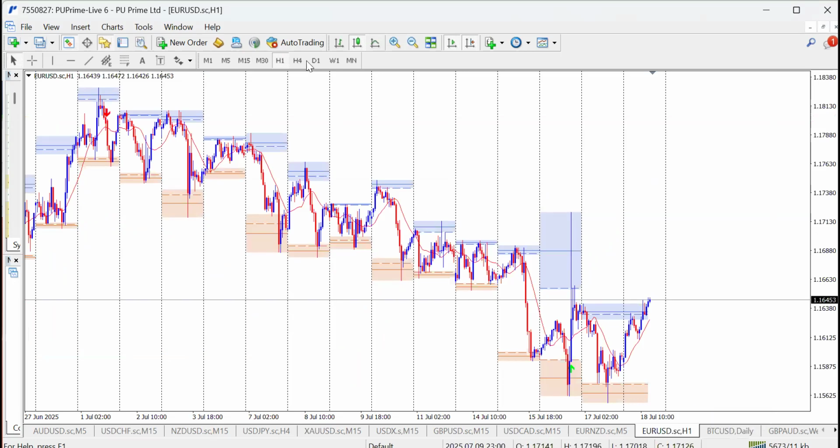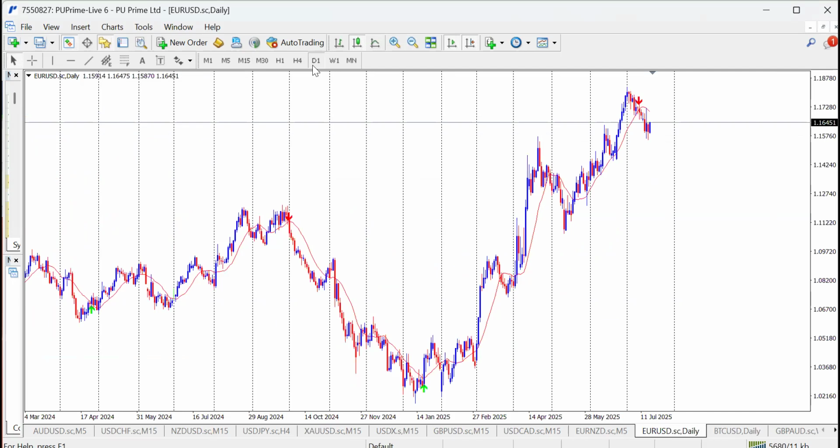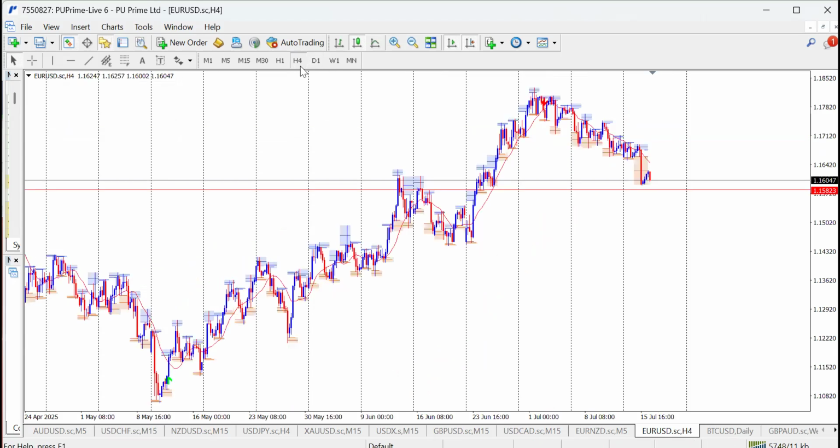Last but not least, Euro USD. Euro USD, we are entering a buy here because we have a support become resistance zone, 4 hours time frame.